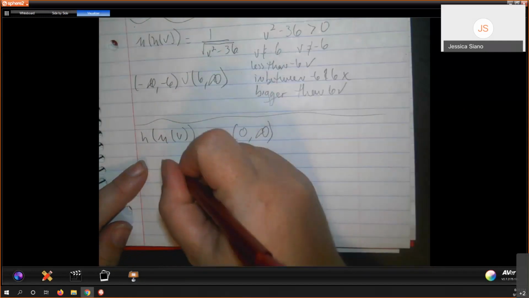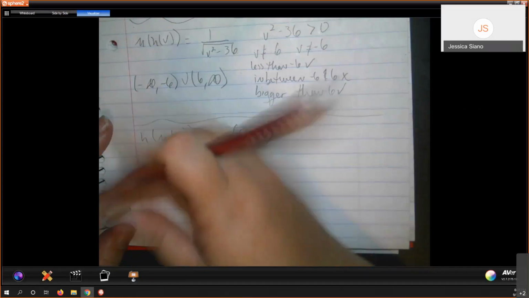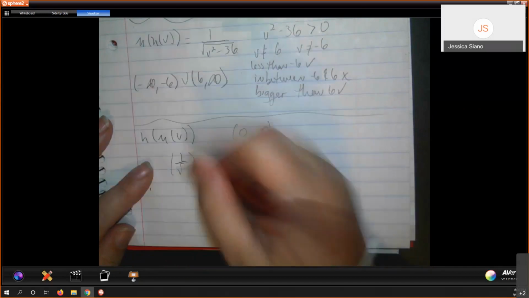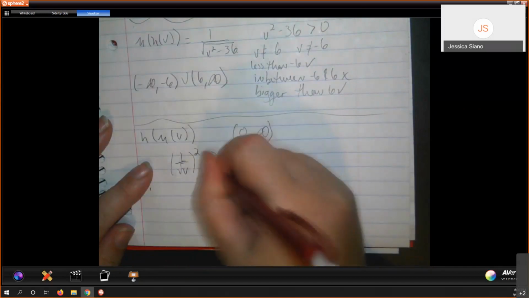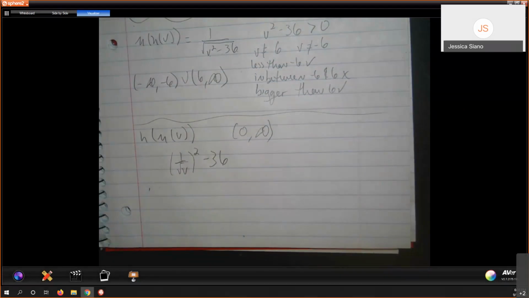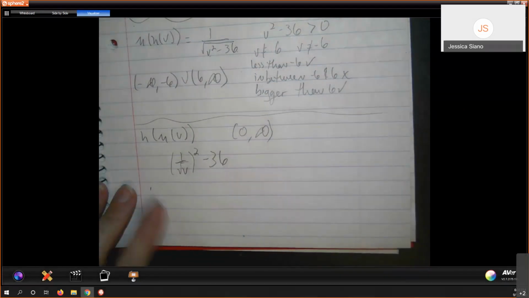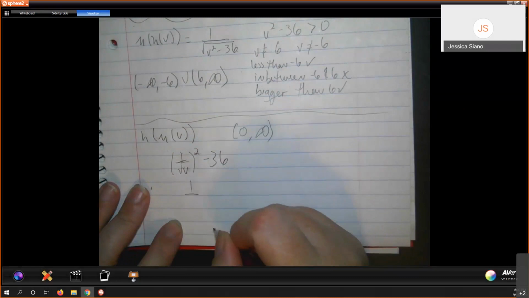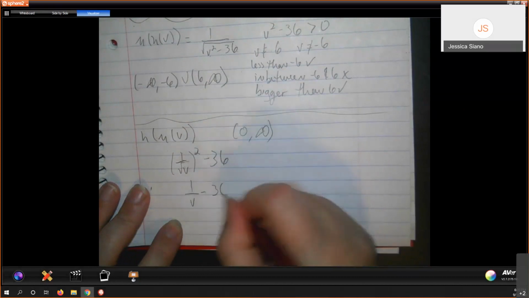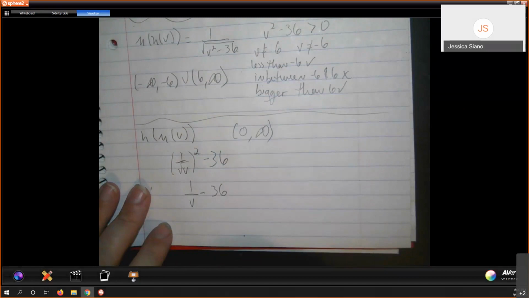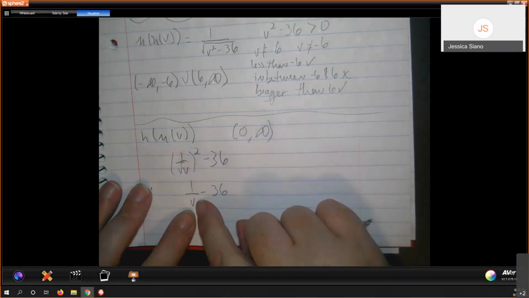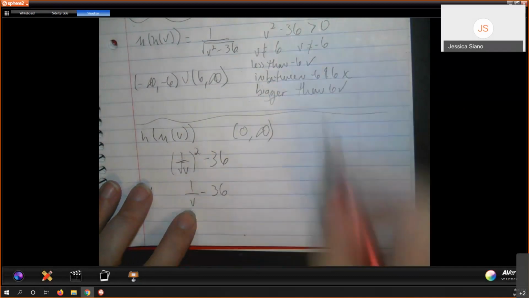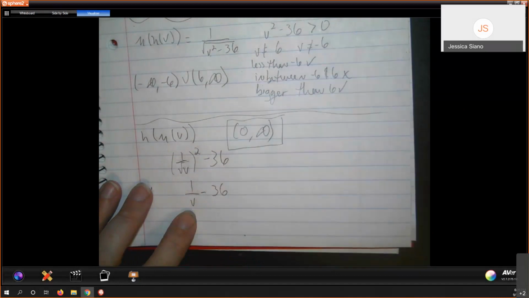So that's going to become 1 over the square root of v squared minus 36. 1 over the square root of v, and then you square it. Well, 1 squared is 1. The square root of v squared is v. And then the domain of this would just be that v can't be 0. But this domain already says v can't be 0. So this is my domain for that version of it.